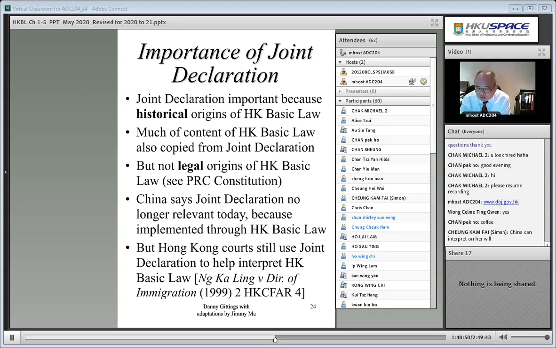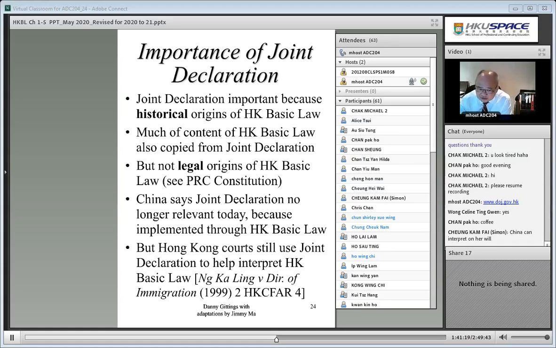First is the historical one. It's something that had happened, and the way I put it is that it is the historical origin of the Hong Kong Basic Law. So the birth of the Hong Kong Basic Law actually owes a lot to the Joint Declaration. If the two governments had not been able to enter into such a Joint Declaration, there would be no Basic Law, because it's among their promises.